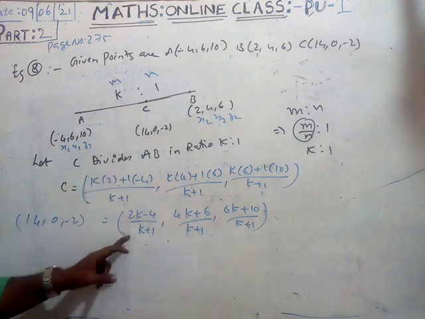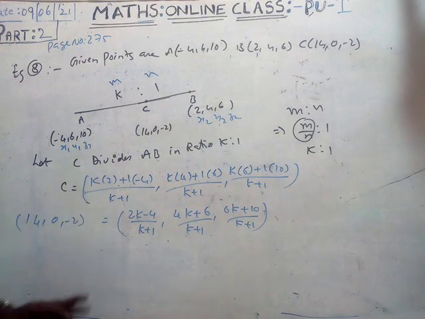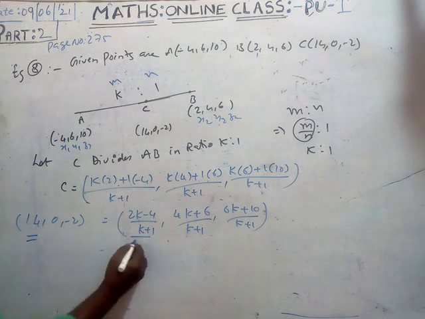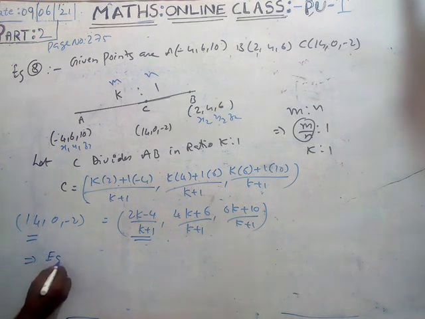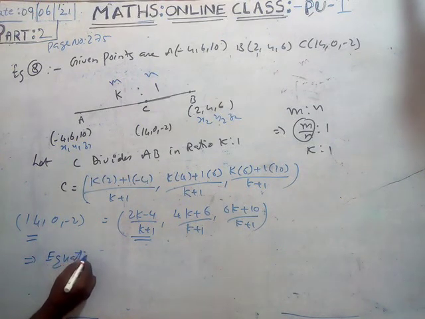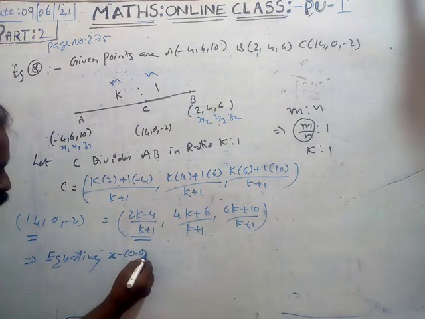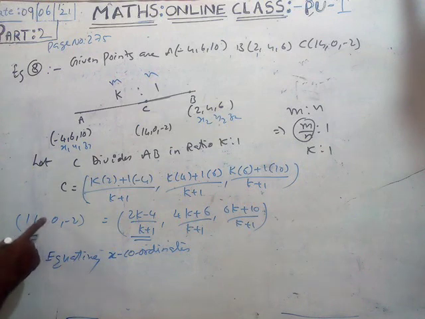Whether these coordinates are related to this one by taking K plus 1. You see that, na? Suppose this 14 is equal to this one. That implies X coordinates only. We are equating X coordinates. Okay, na? I am taking here, but we have to prove.